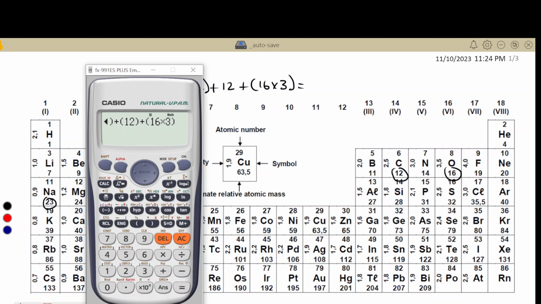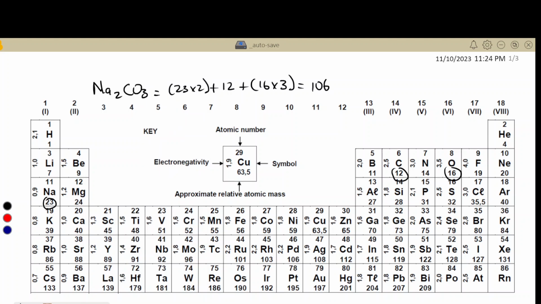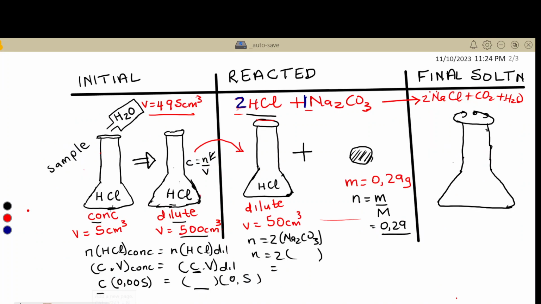So the molar mass now is 106. So we have 106 grams per mole. That is the molar mass for the sodium carbonate.